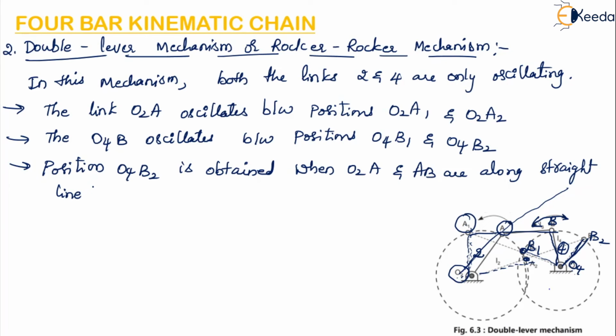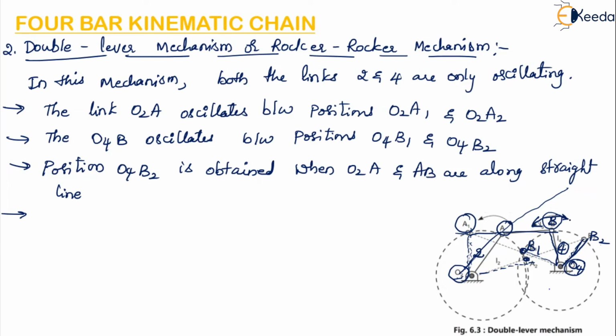In the same way, position O2A1, that is, this is O2 and this is A1, is obtained when O4B, that is, this is O4 and this is B, and AB are along a straight line.